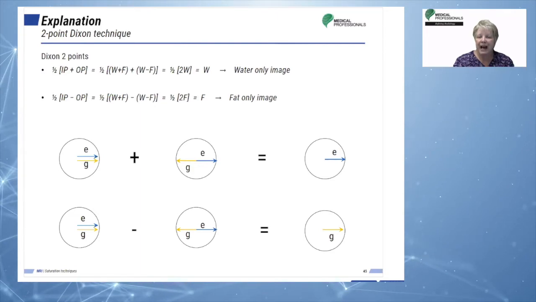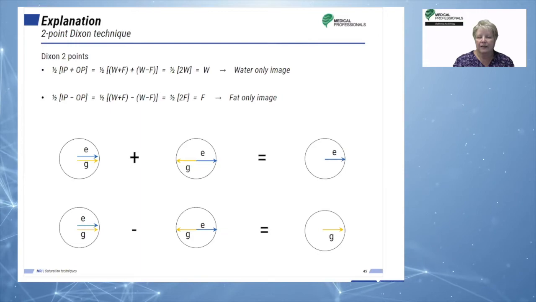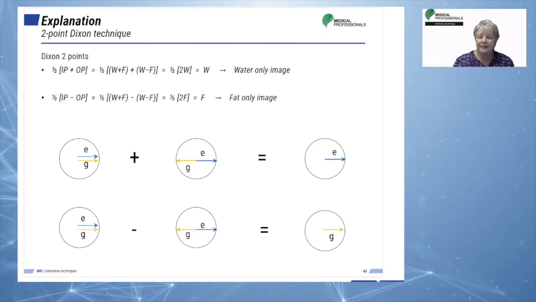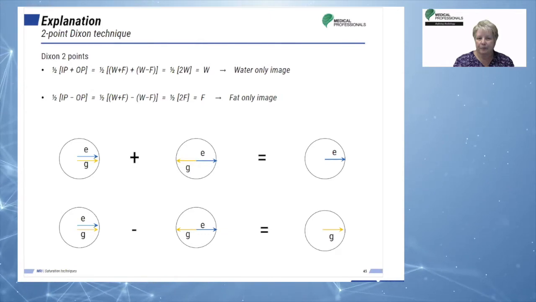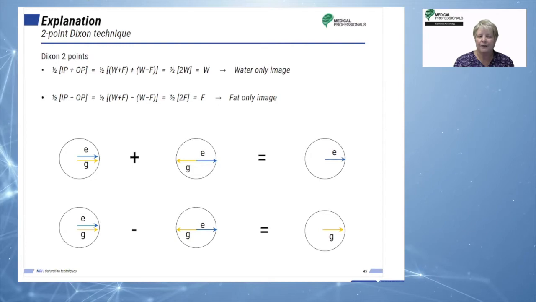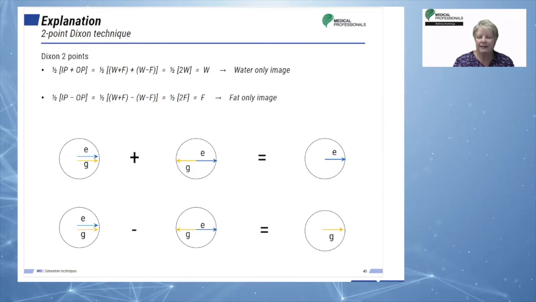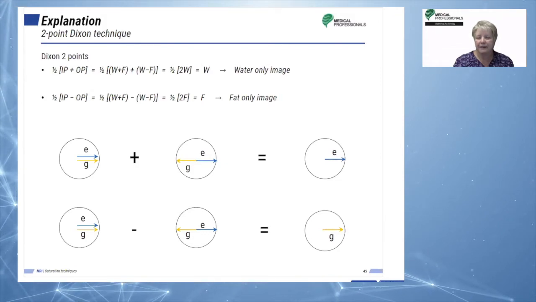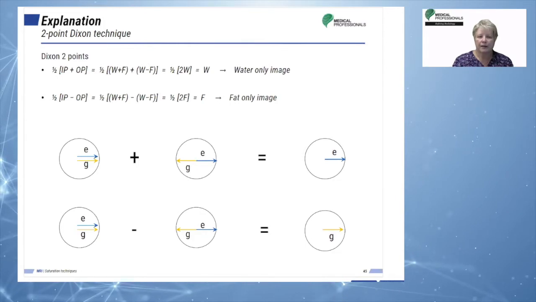We are basically adding the in phase and the out of phase image together. Conversely, if these images are subtracted, the resulting image will be water suppressed and only fat signal would be remaining. We are subtracting the out of phase from the in phase, or the in phase minus the out of phase is a better way to put it.